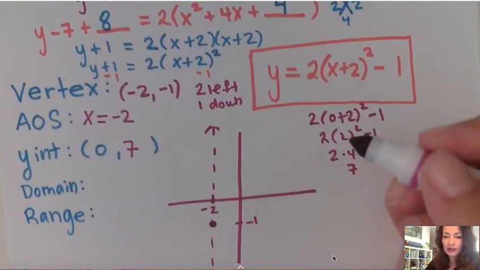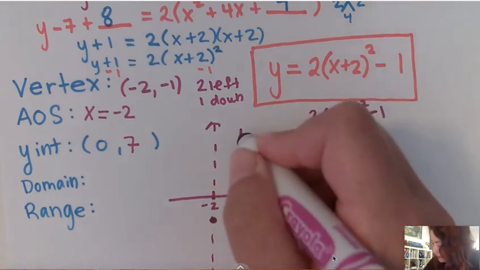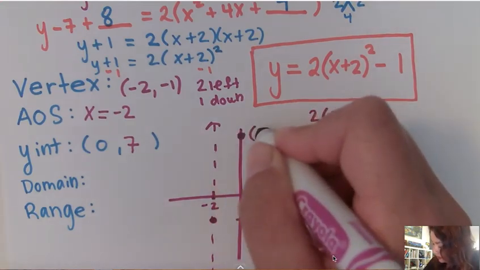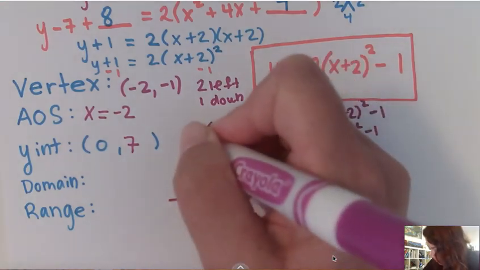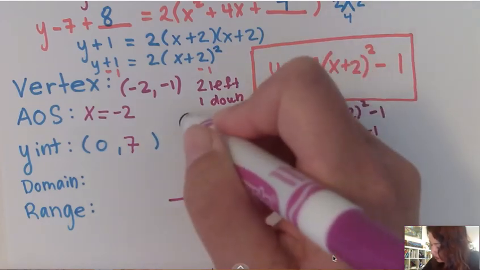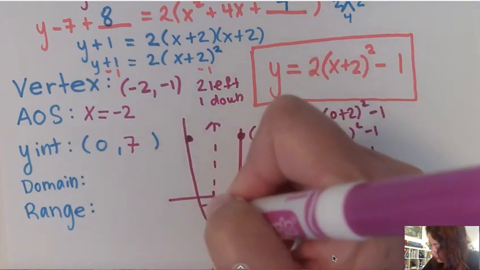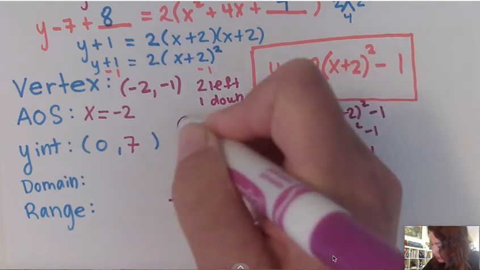That is our axis of symmetry right there. We have a y-intercept at (0, 7), so I could put that point here. And then I will equally do a point the same distance to the left. Remember, this is a sketch, so it is approximately where the graph is, not exactly where the intercepts are.